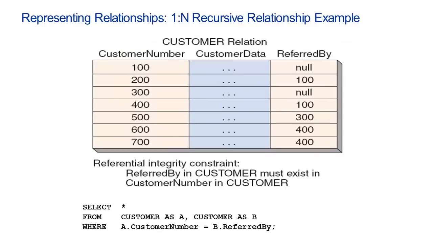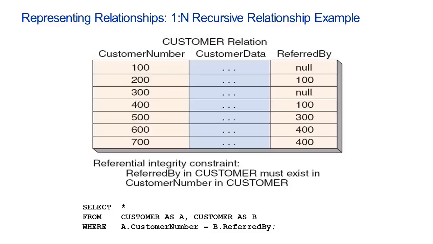Next, let's consider a one-to-many recursive relationship. In this case, again, the strategy is to place a foreign key inside the same table that will track the one-to-many recursive relationship. In our example, we have a referral relationship, and as an example, we would like to use this one-to-many recursive relationship to generate a list of customers who have been referred by a specific chosen customer.